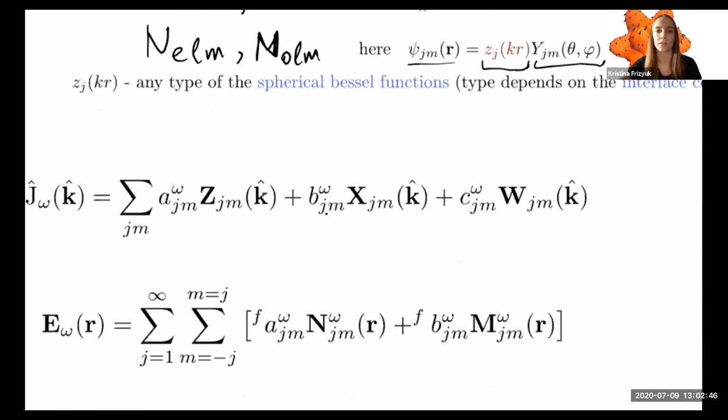What is the main problem we will solve? Imagine that we have some current distribution, and it can be any current distribution. For example, we have found the induced current in some nanoparticle of any shape.